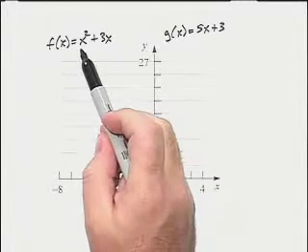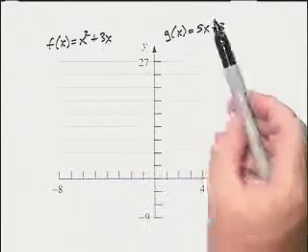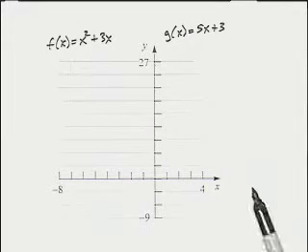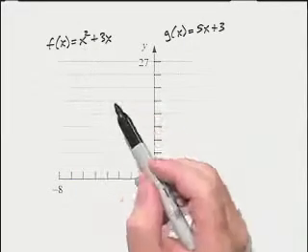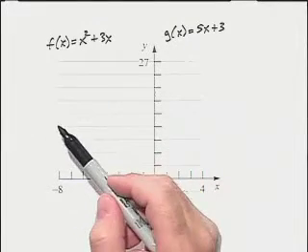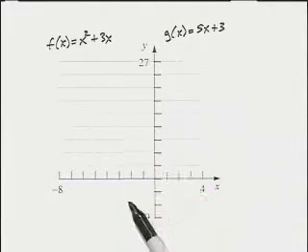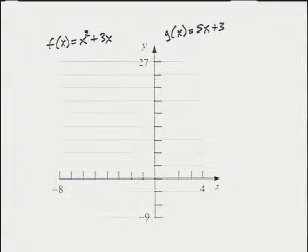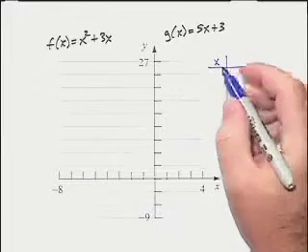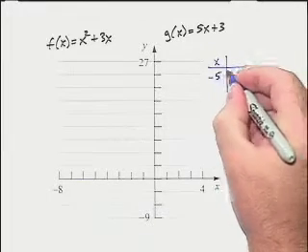We want to graph f of x equals x squared plus 3x, and g of x equals 5x plus 3. To graph the function, we could do this by plotting points: pick some values for x, plug them into the function, get points on our graph, and then connect the dots. For f of x, we might pick values, say negative 5.